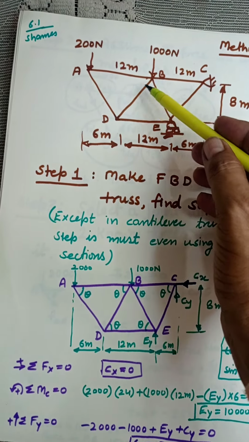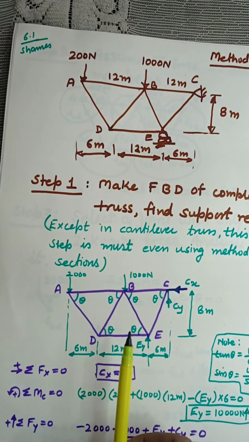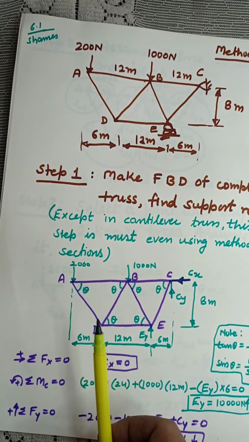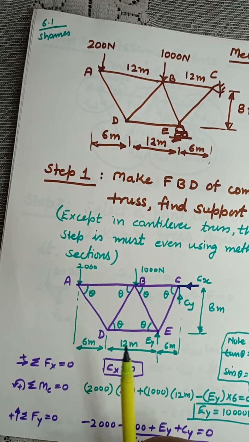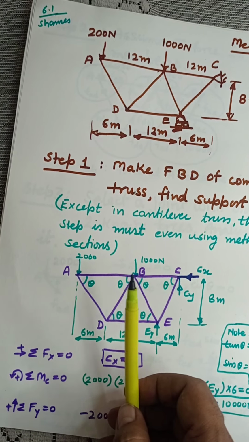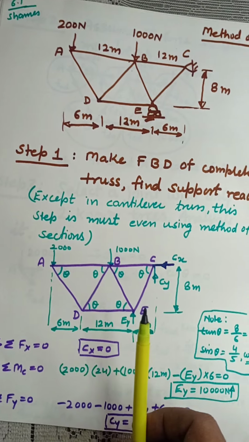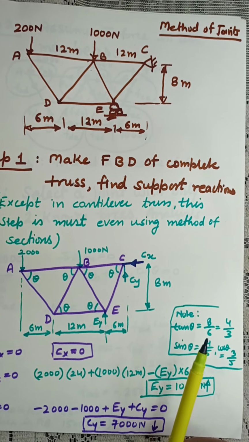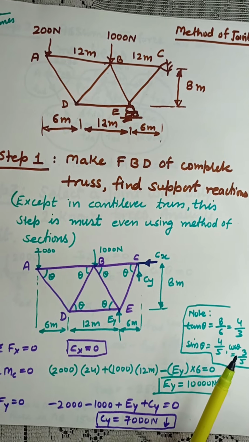You see these angles in this figure, they are the same, because this is 8 and this is 12 and this is 6. If you see the dimensions, the angles are going to come out the same. You calculate tan theta or sin theta: tan theta is going to be 8 by 6, sin theta is going to be 4 by 5, and cos theta is 3 by 5.